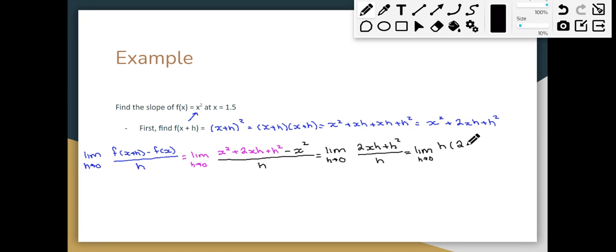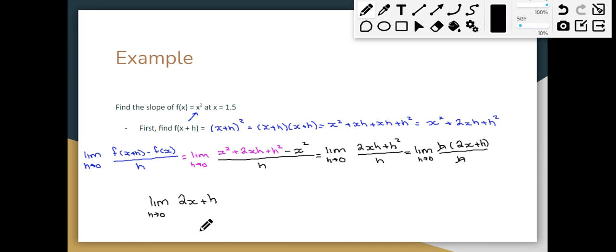So that's going to leave me with 2x plus h being divided by h. So now I can cross out my two h's here. So we get a very simplistic, the limit as h approaches 0 of 2x plus h.